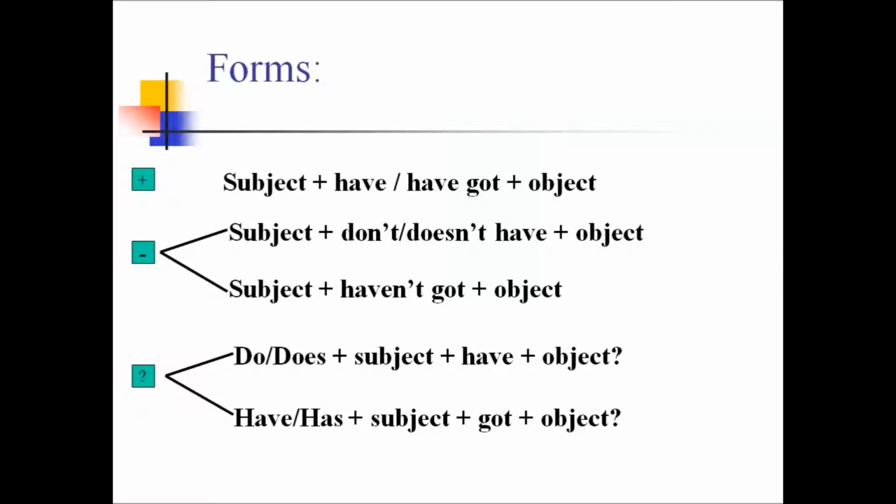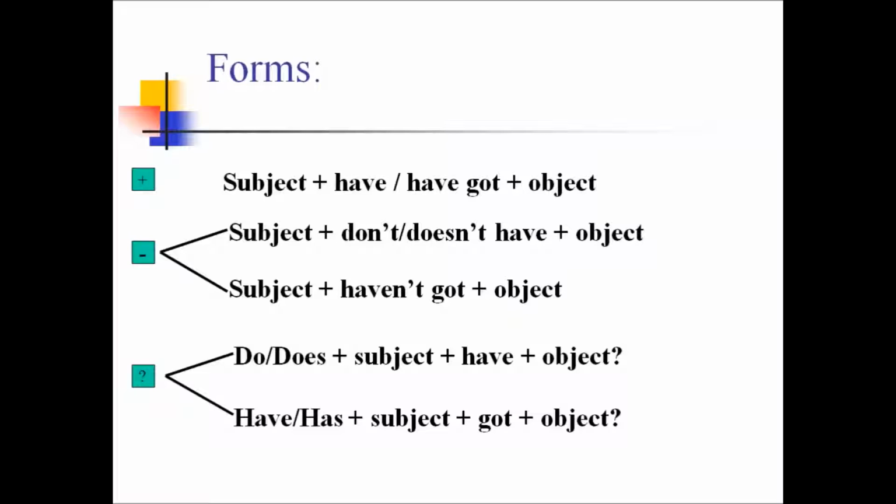In the negative form, subject plus don't or doesn't plus have plus object. If you use have got, you use subject plus haven't got plus object. For the question, you use do or does plus subject plus have plus object. For have got, you use have or has plus subject plus got plus object. Use all these forms and start making sentences on your own.